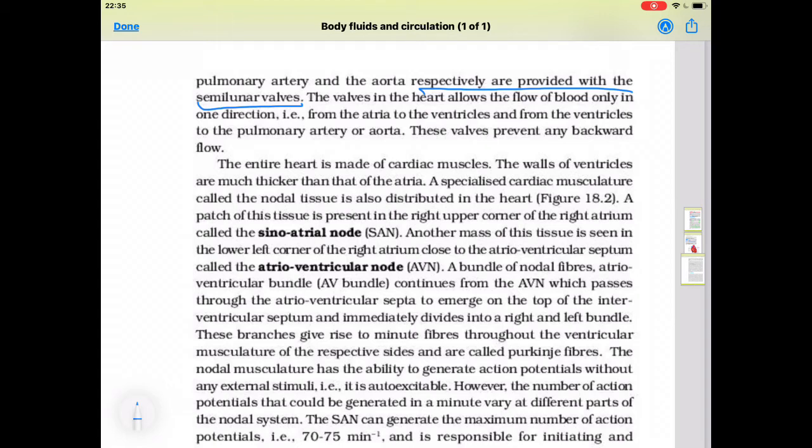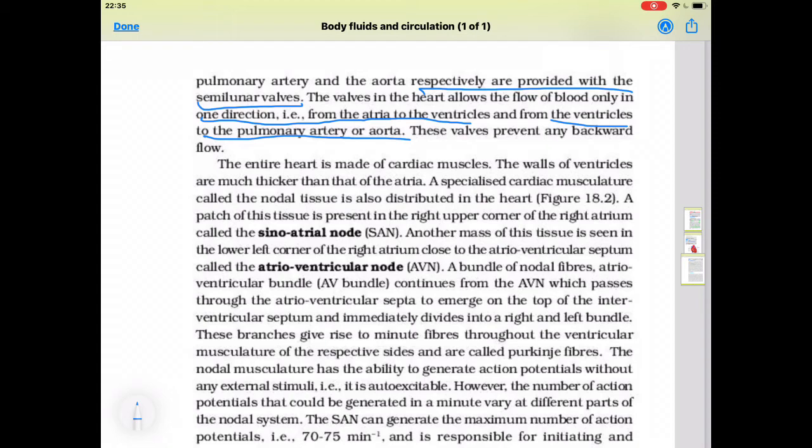The valves in the heart allow the flow of blood only in one direction, that is, from the atria to the ventricles and from the ventricles to the pulmonary artery or aorta. So the function of valves is to allow the flow of blood in one direction only. These valves prevent any backward flow.